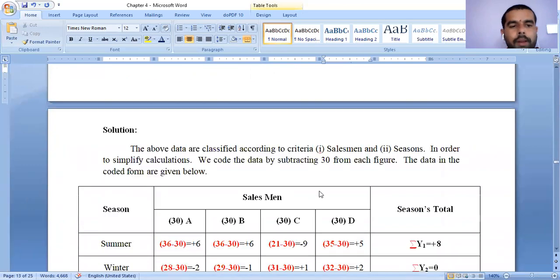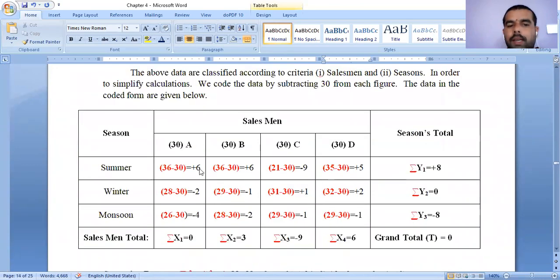Observe carefully once again. As it is, the question is written by me: 36, 28, 26, 36, 29, 28, 21, 31, 29, 35, 32, 29. With these numbers, the common code number is 30. It is applicable to all the individual figures, 30, 30, 30.